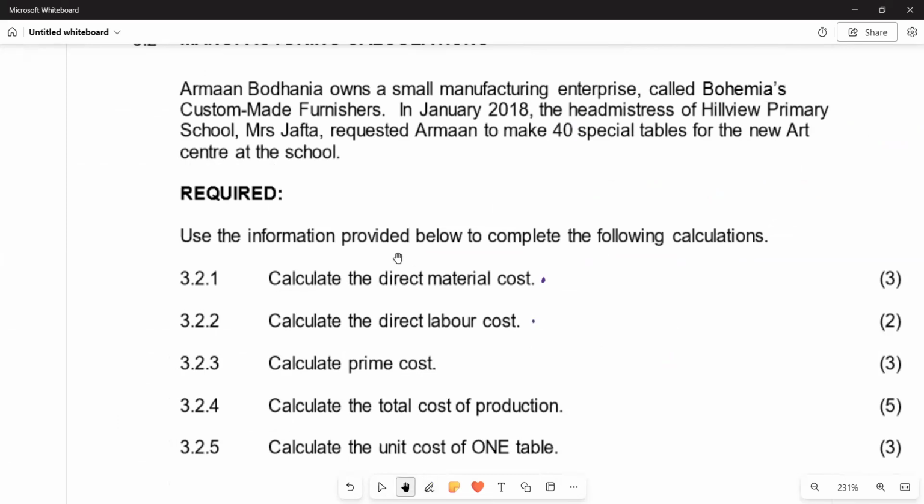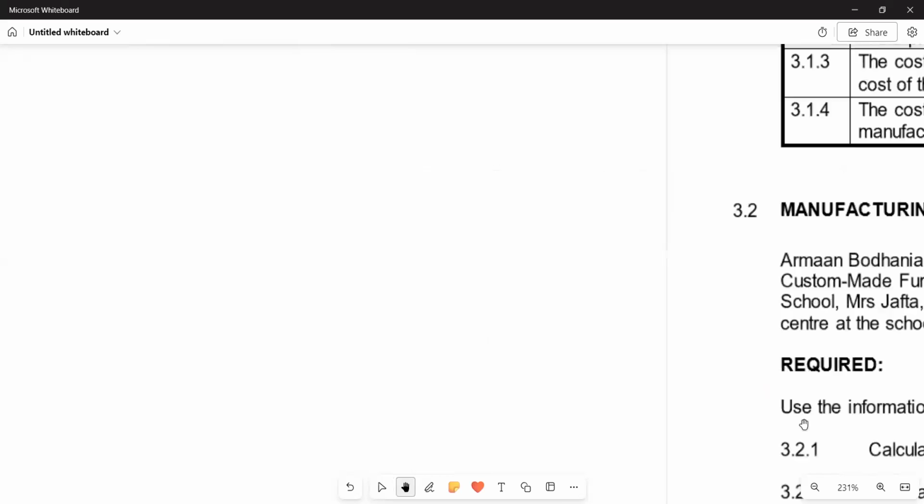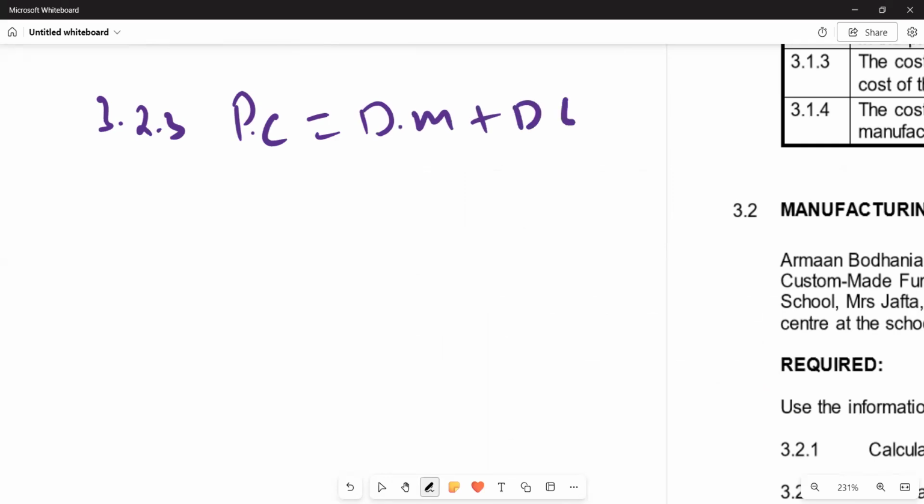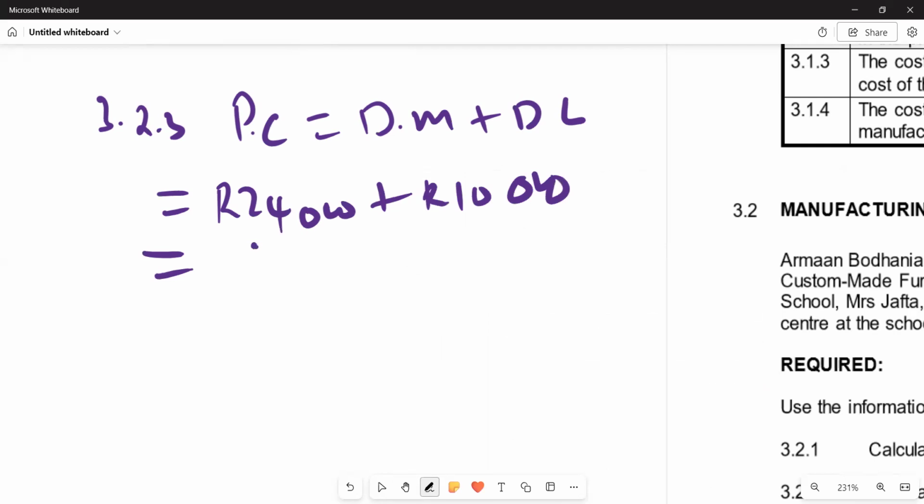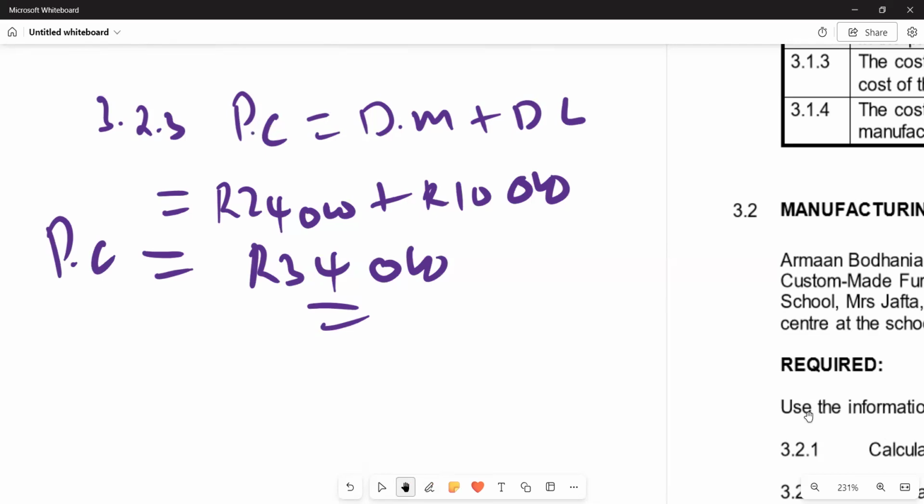So for 3.2.3, prime cost is equal to direct material plus direct labor. For direct material we got 24,000, and for direct labor the answer we got was 10,000. We get a total prime cost of 34,000. This is what we have in 3.2.3.